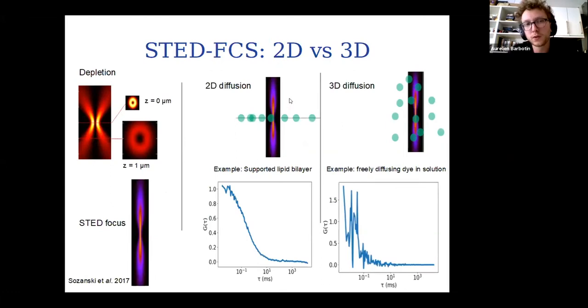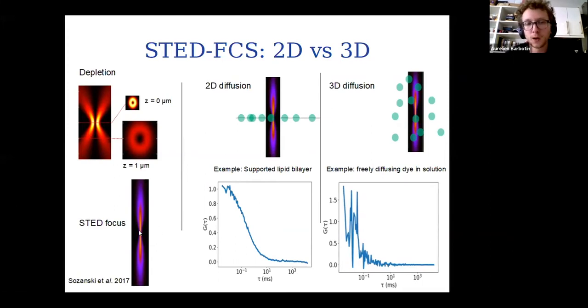To increase the resolution with STED, people most often use a ring-shaped focus, pictured here on the left. The problem with this is that this ring-shaped focus has varying axial cross-sections, with the smallest cross-section at the focal plane, and the cross-section's size increases as the distance to the focal plane increases. As a result, the STED focus looks like this on the bottom left.